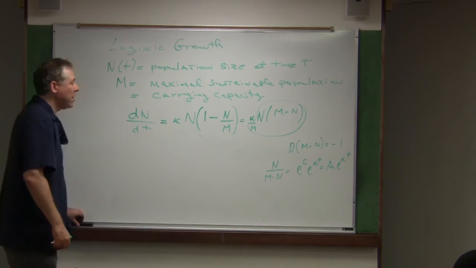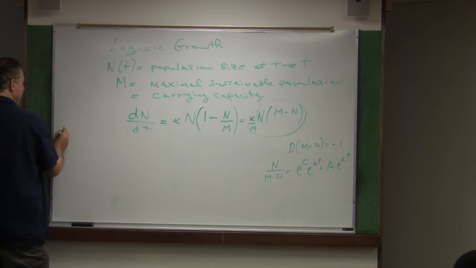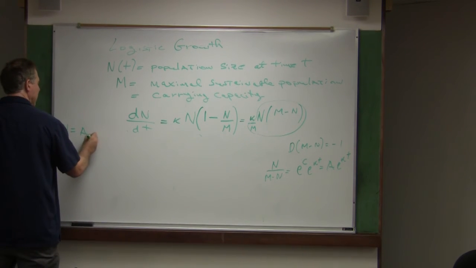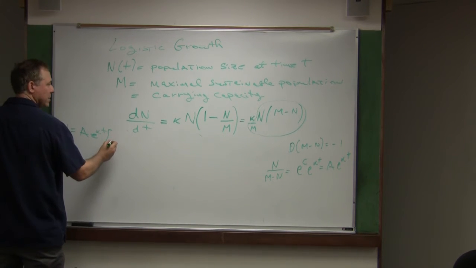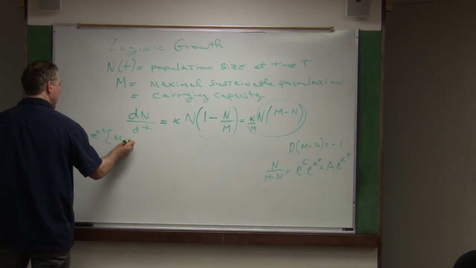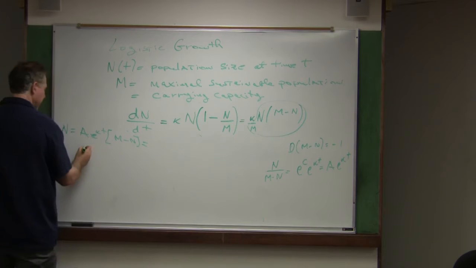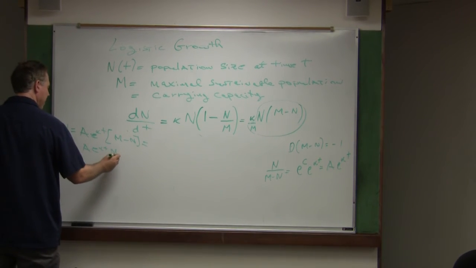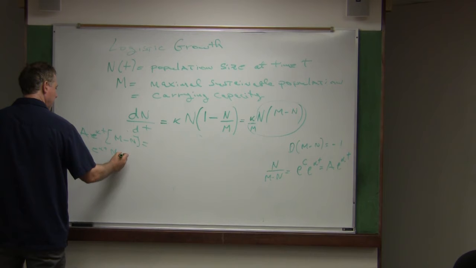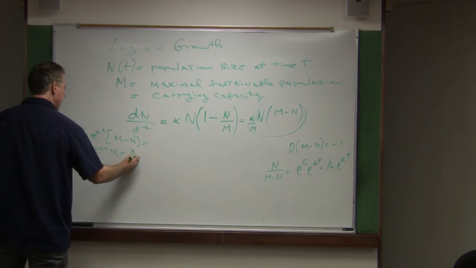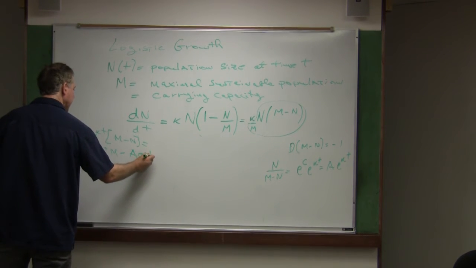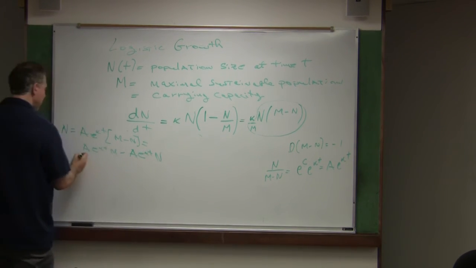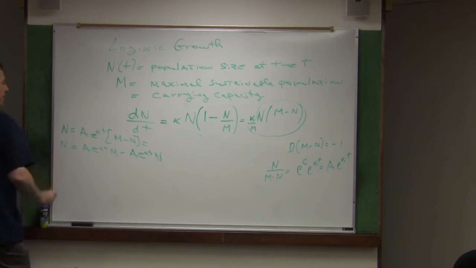Okay, so I'm getting n is equal to a e to the kt times m minus n, which is a e to the kt m minus a e to the kt n. Okay, and that's equal to n.